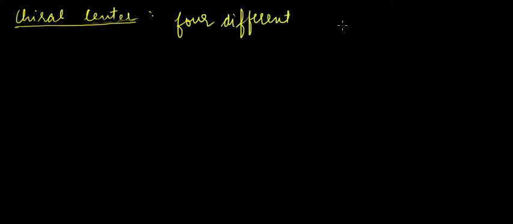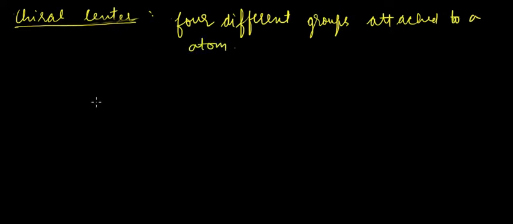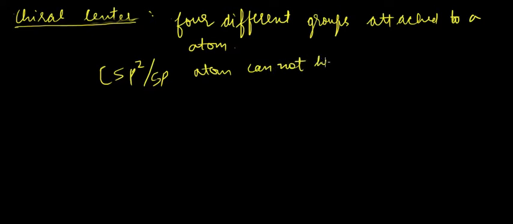Four different groups attached to an atom. Okay. So in a sense that for carbon atom, this implies that sp2 or sp hybridized atoms cannot be chiral center. Okay.